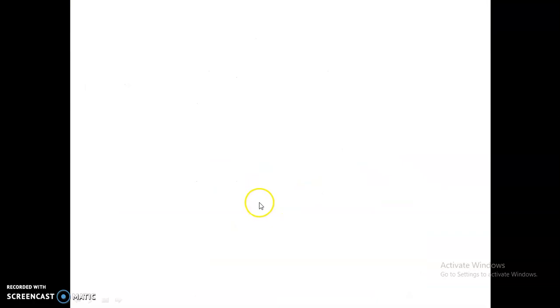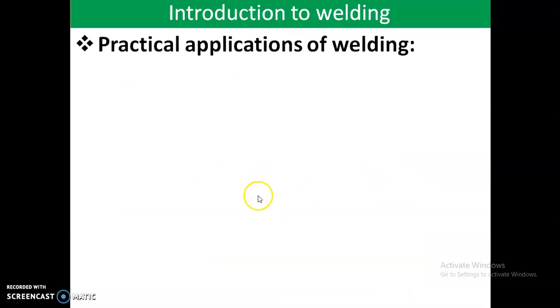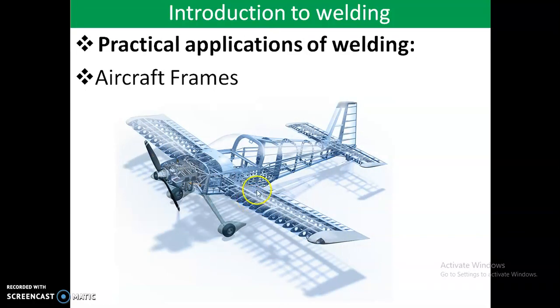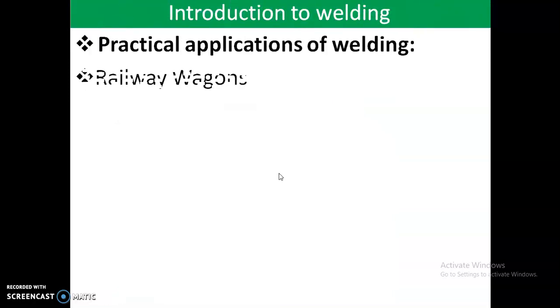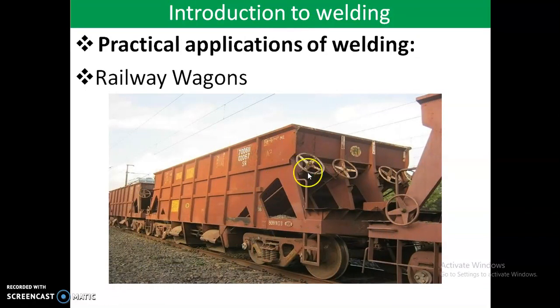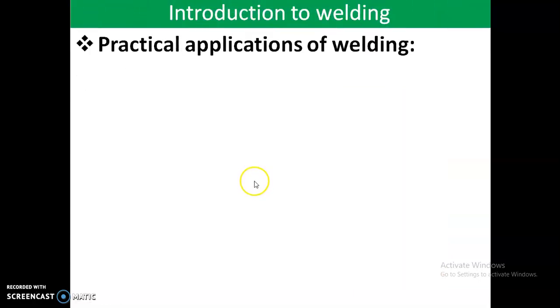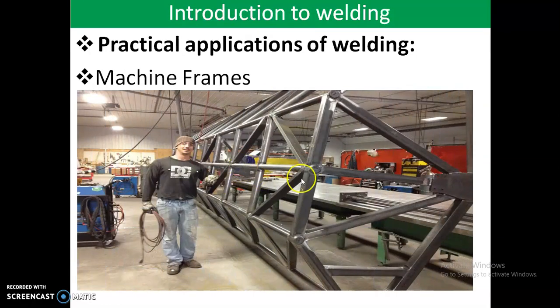Similarly, in the manufacturing of aircraft frames we use welding process. And also in the manufacturing of railway wagons we use welding process. And also in the construction of machine frames we use welding process.